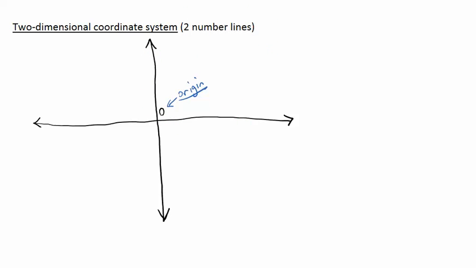Now if I want to locate a point, a point is basically a dot, so let me make sure you understand that. A point is a dot. And if I want to locate a point in this coordinate system, I need two numbers. Typically the horizontal number line, the horizontal axis, is called the x-axis, and the vertical number line is typically called the y-axis. They don't have to be.